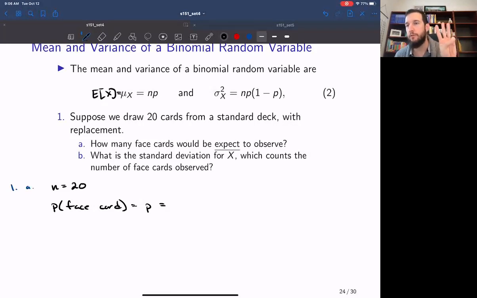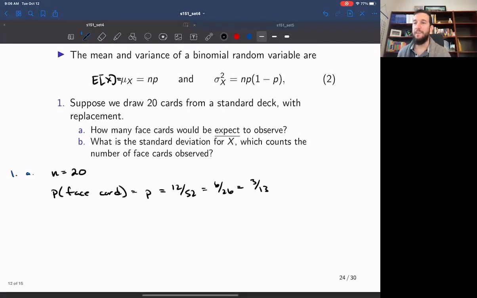Each suit has 3 face cards: jack, queen, king. So there are a total of 12, 3 times 4, face cards in the deck. That gives us 12 over 52, which is 6 over 26, which is 3 over 13.